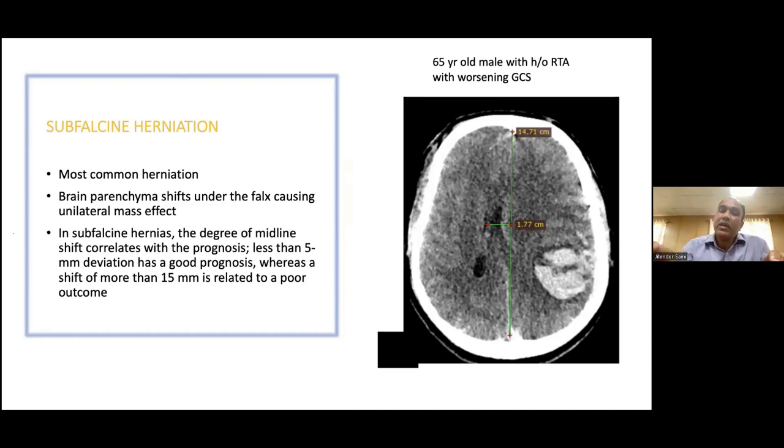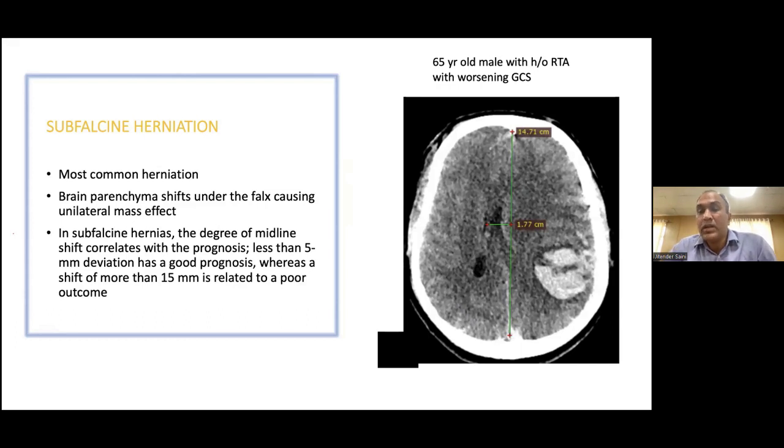So when the hematoma forms, there is hardly any readjustment possible because the expansion happens at a rapid pace, and the amount of midline shift becomes very significant. It's a very important factor for determining the long-term outcome.